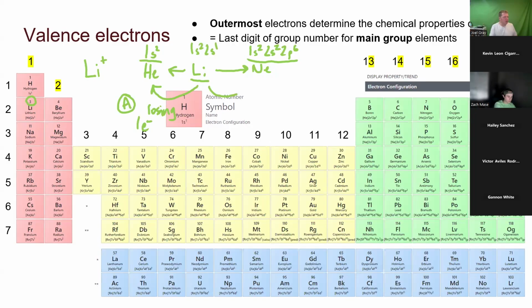Now, option B. Okay, let's go back to our neutral lithium. In order to get to the same electron configuration as neon, tell me in the chat, anyone who's ready to, tell me what lithium would have to do. Add seven electrons. Okay, I agree with that.